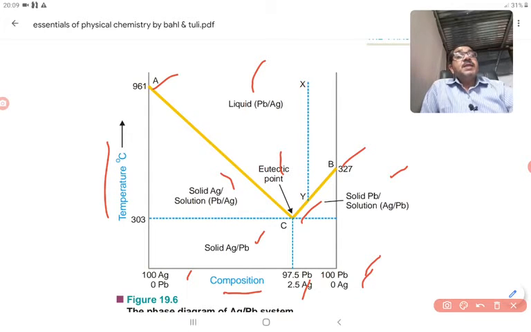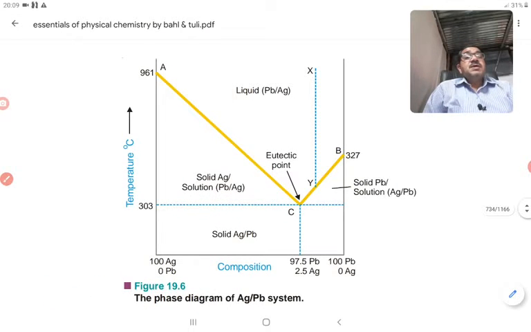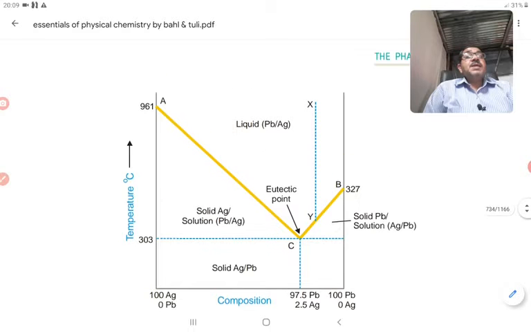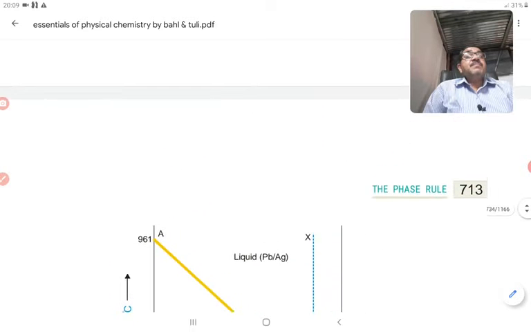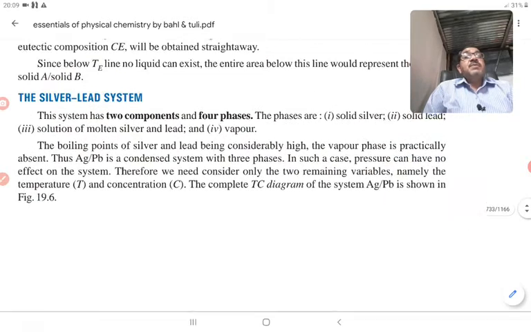The dotted line XY is represented here. The 961 temperature is shown here. After drawing and properly labeling the phase diagram of the lead silver system, we can explain the things one by one.